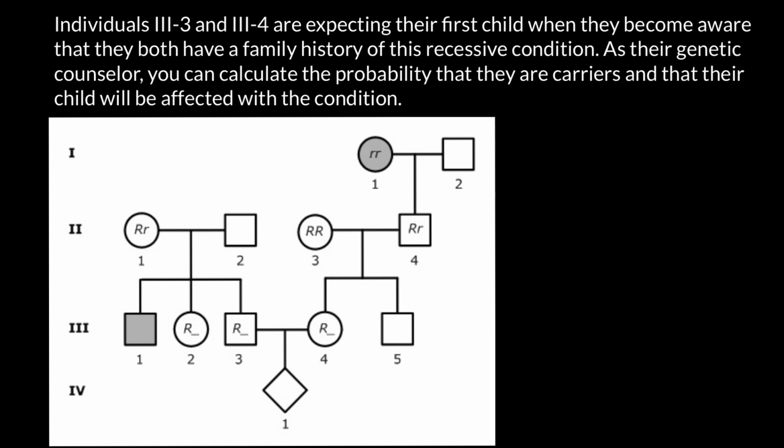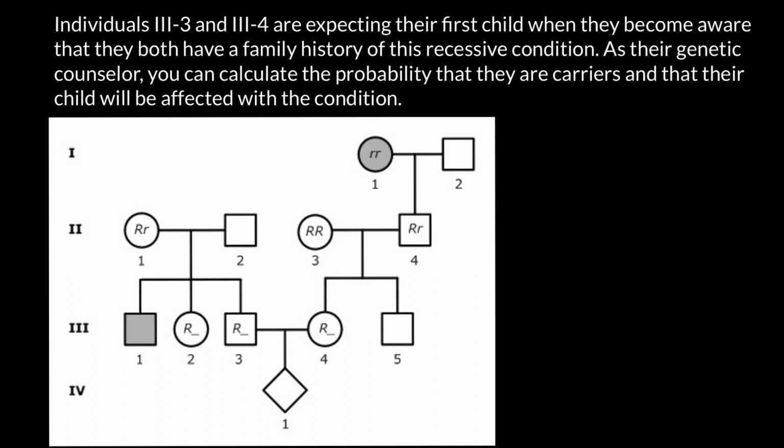The child cannot inherit two recessive alleles from one parent, and in this case the parent's phenotype would also be affected. So the only way that a child can be affected is if he inherits a recessive allele from each parent. So he would be homozygous recessive.